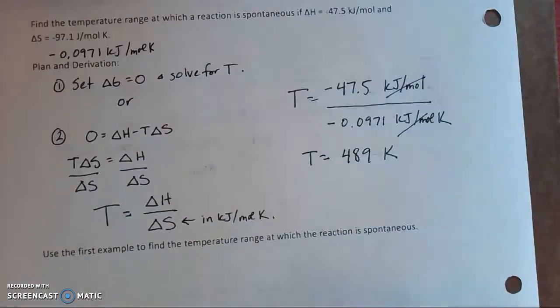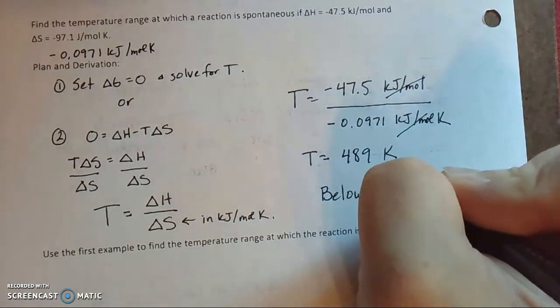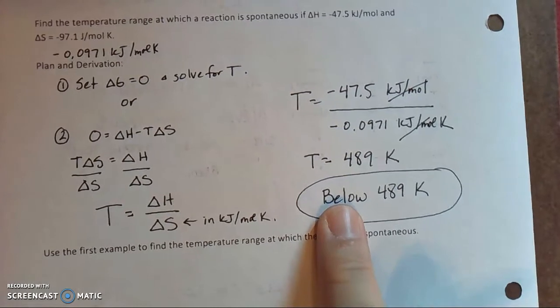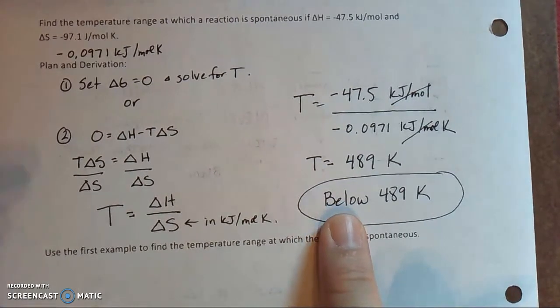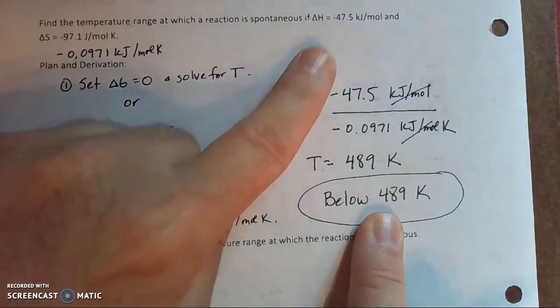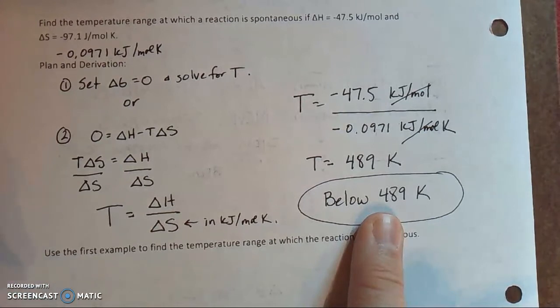So that means that this is spontaneous below 489 Kelvin. If you're not sure if it's above or below, you could put in a temperature below 489 Kelvin with our delta H and delta S and calculate what delta G is. And if it's negative, we're good.